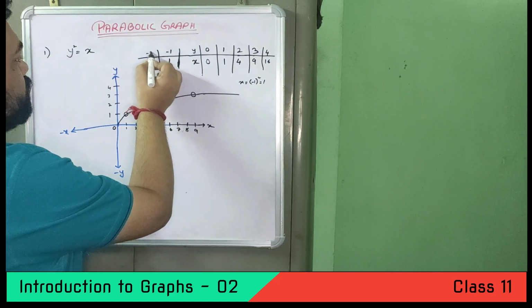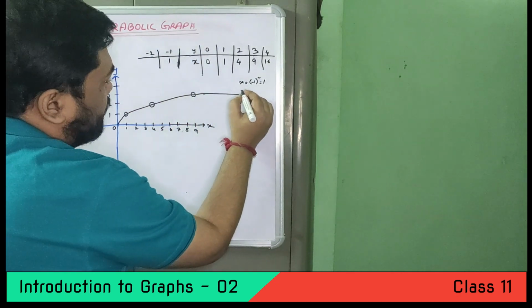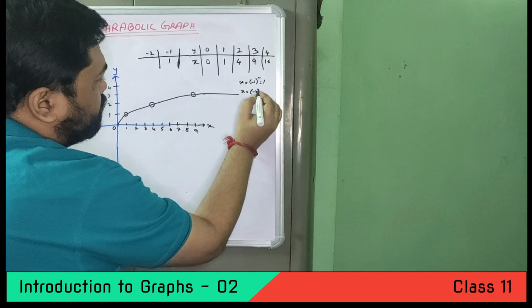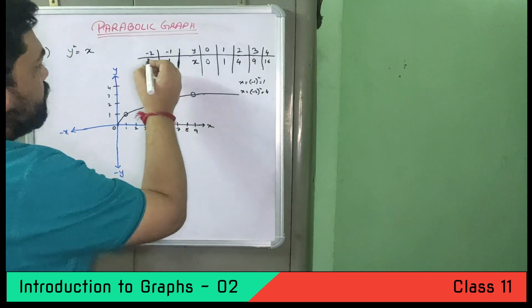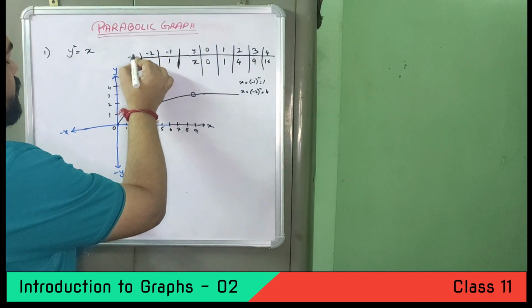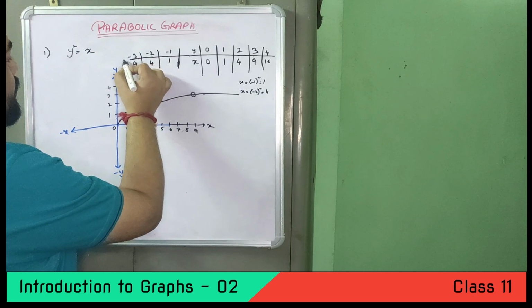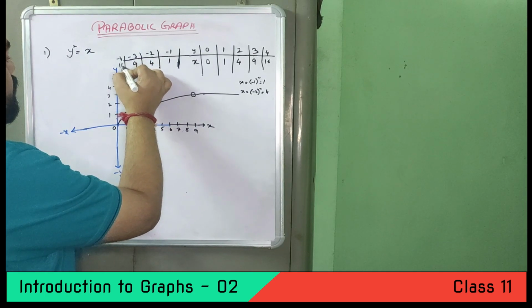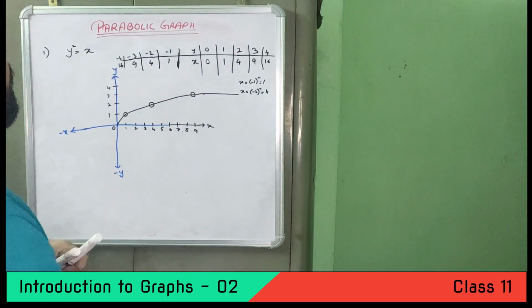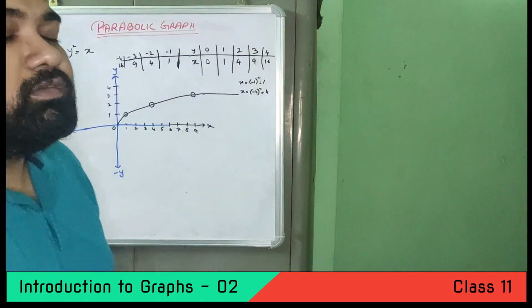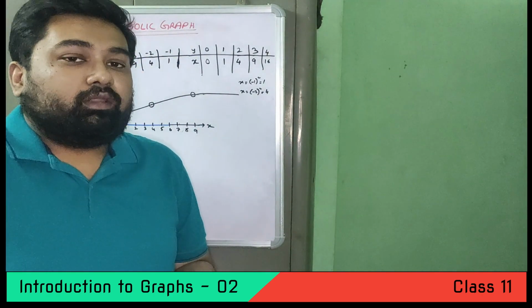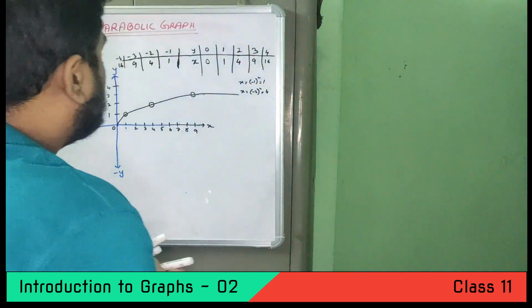And for y equal to minus 2, x will be minus 2 squared. That means it will be 4, followed by minus 3, it will be 9, minus 4, it will be 16. So you can see, for the negative y axis, the x values are also remaining the same.